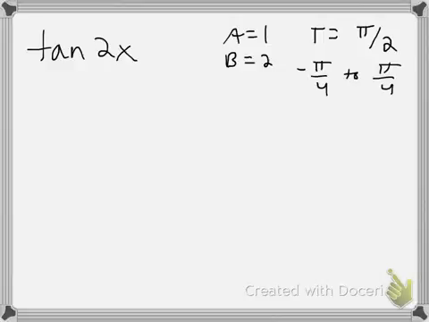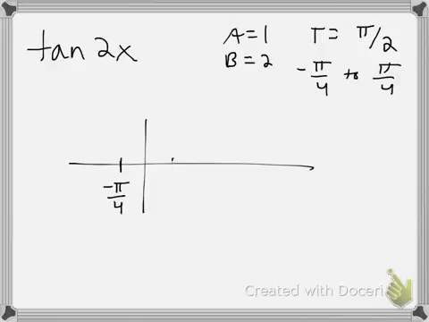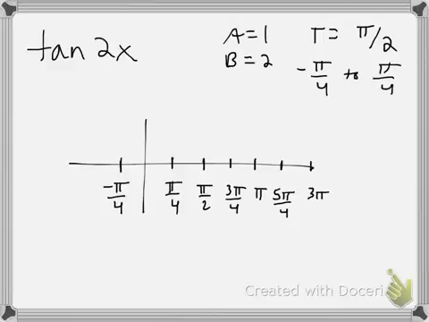So how will this look? Well, on a graph, you have negative pi over 4 and pi over 4. What I've essentially done is I've established a scale. Every notch here is going to be pi over 4. So 2 pi over 4, which is pi over 2, and then 3 pi over 4, and then 4 pi over 4, which is pi, and then 5 pi over 4, and then 6 pi over 4, which is 3 pi over 2.